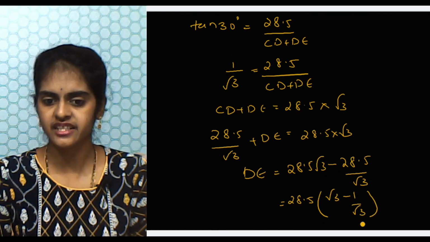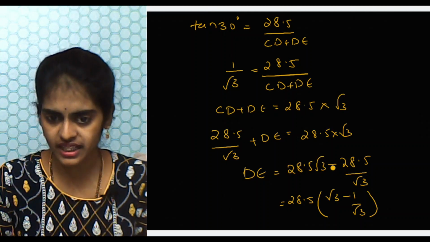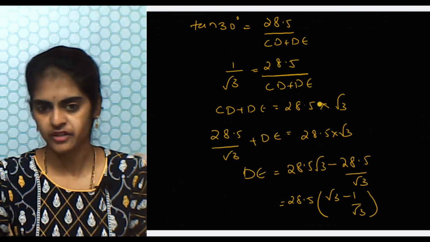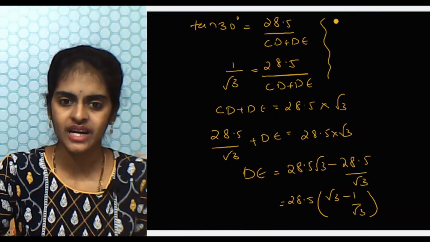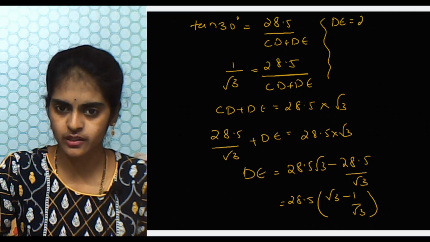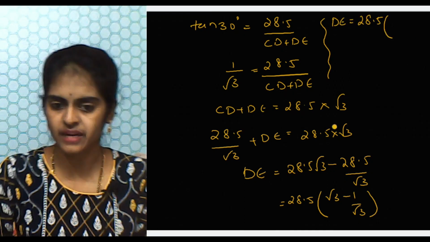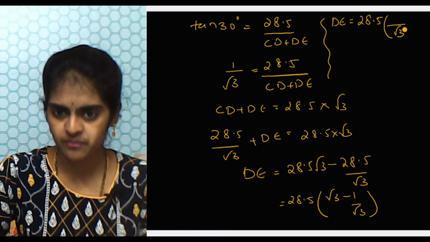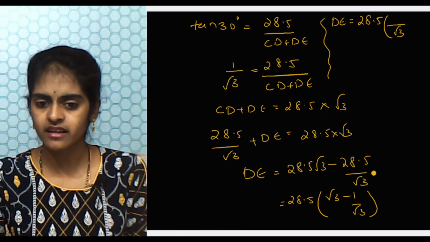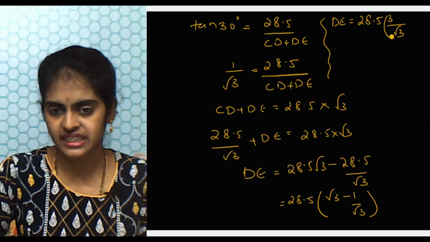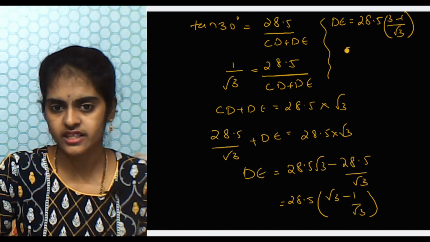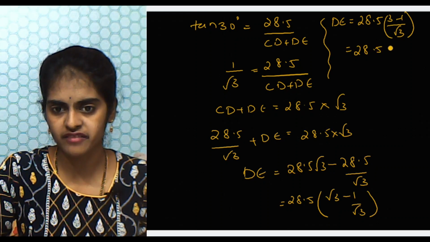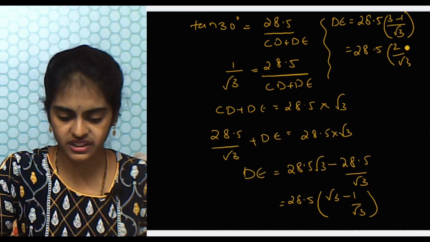So DE is nothing but 28.5 multiplied by, taking LCM, root 3 into root 3 is 3, minus 1, over root 3. So you can write this as 28.5 multiplied by 2 by root 3.